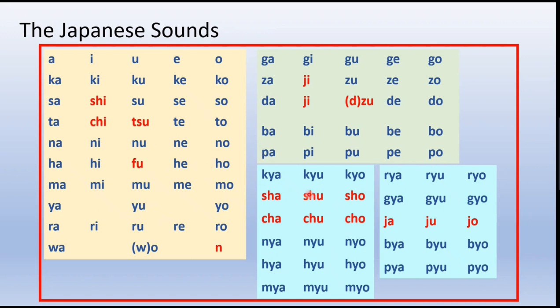And the two blue boxes in the right bottom area represent the Yuon, which are nothing but the blended sounds, formed by the I sound of the consonants blended with ya, yu, and yo sounds.